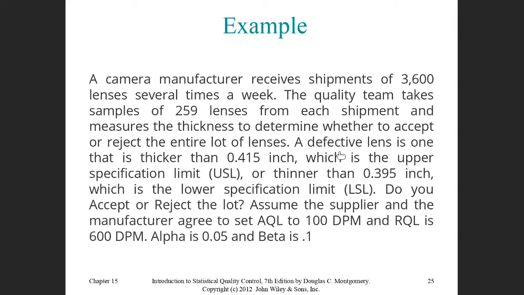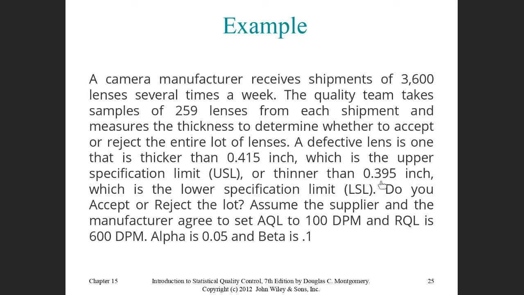A defective lens is one thicker than 0.415 inch, which is the upper specification limit. So the USL, or upper specification limit, is set to be 0.415 inch, and the LSL, or lower specification limit, is set to be 0.395 inch.